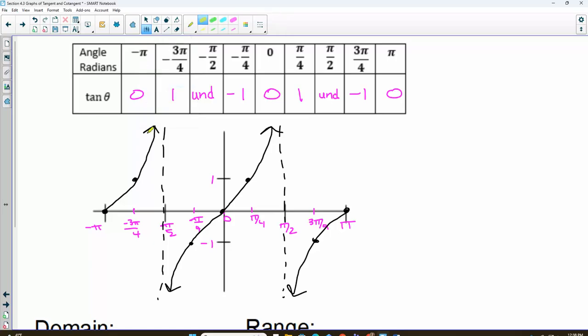We'll have the upward piece, the downward piece, and then I repeated, didn't I? I have an upward and a downward.